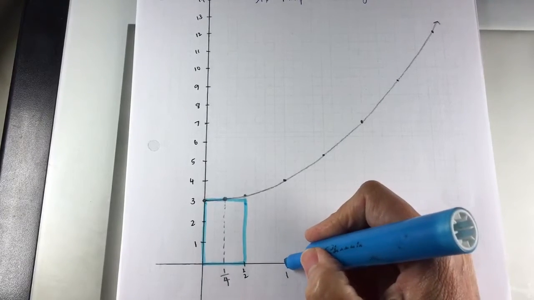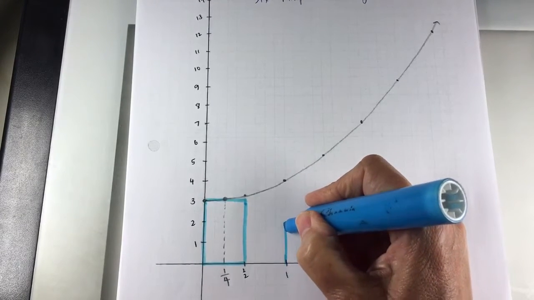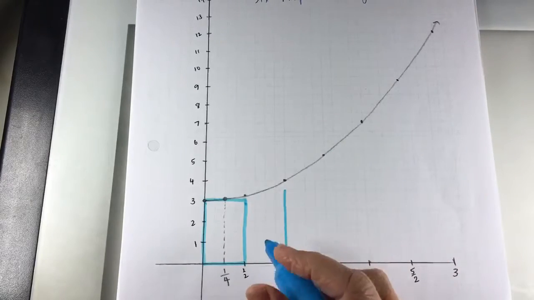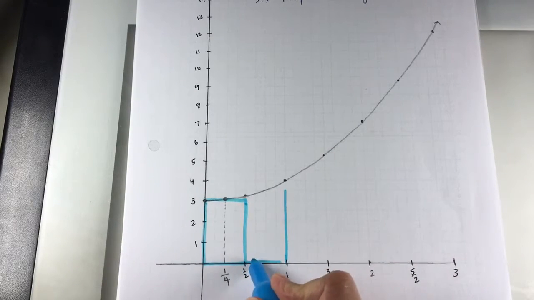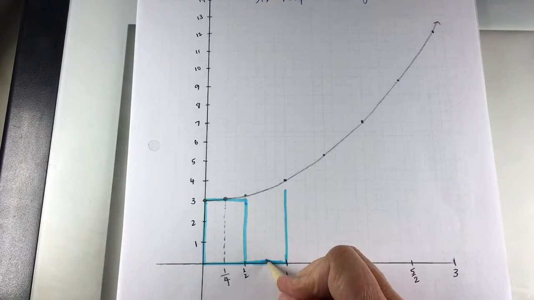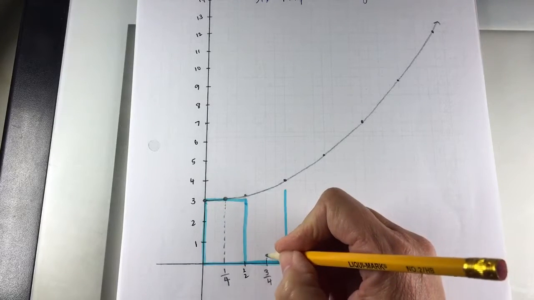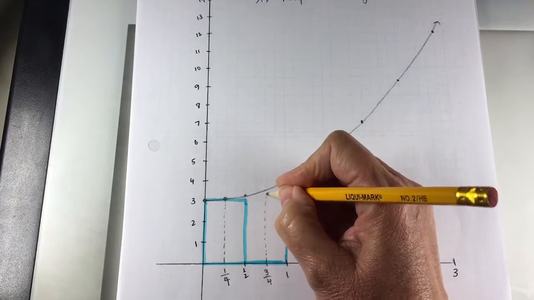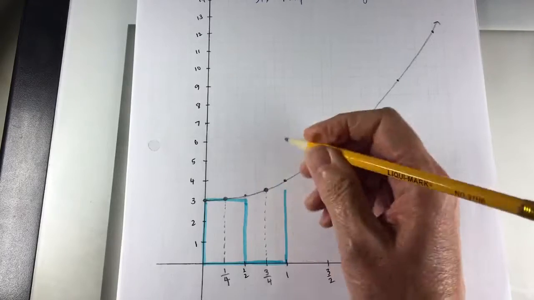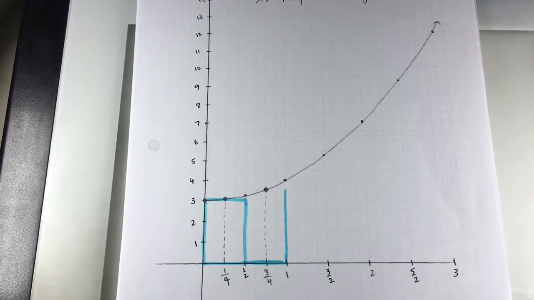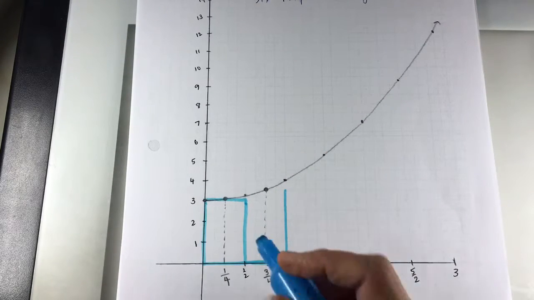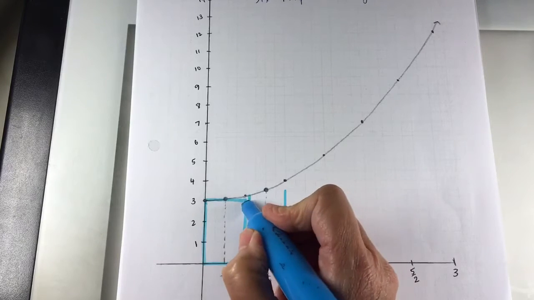The second one, let me figure out where the midpoint is. What's the x value for this midpoint? 3/4. So my midpoint on the graph is right here, and I'm going to need to find those y values.